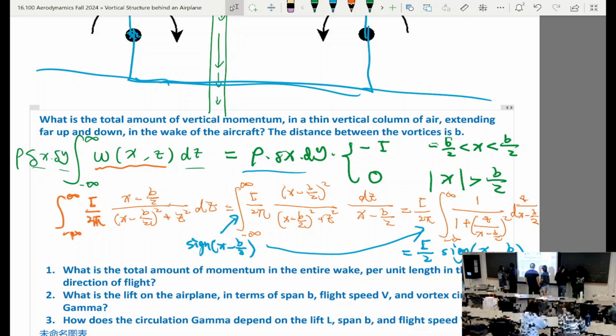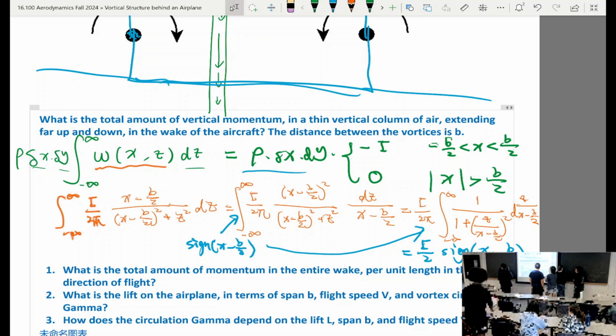You are integrating this, which doesn't depend on y, over a unit length of one. A unit length means a length of one. So you don't need the integral anymore. So that's the answer for the first question: just minus gamma b times rho.